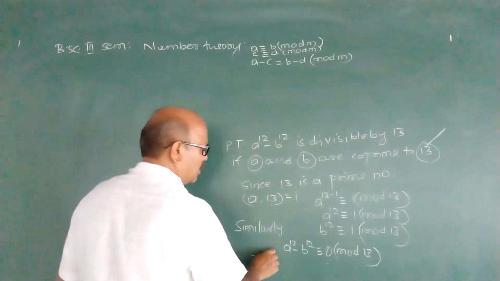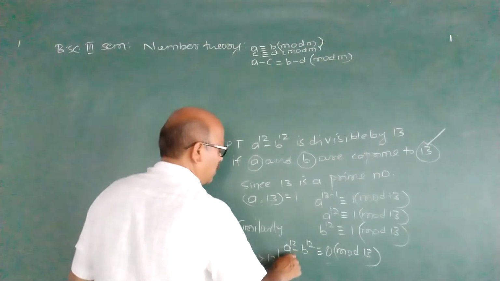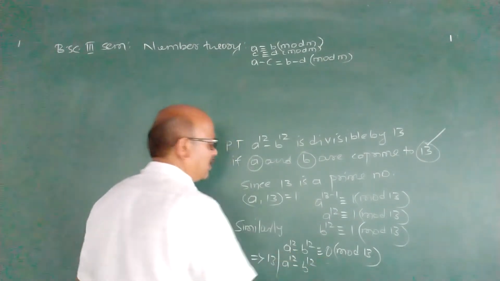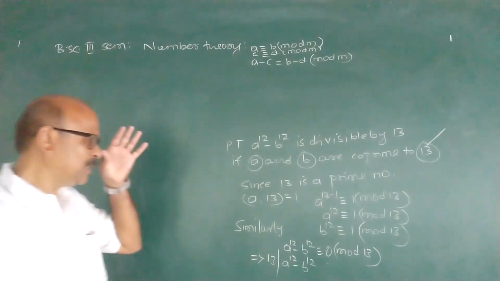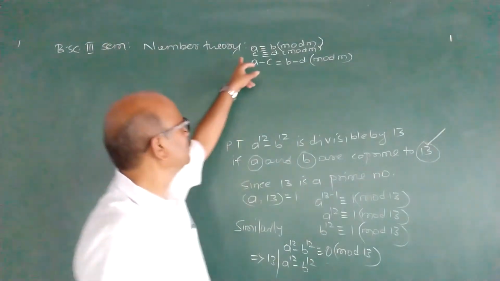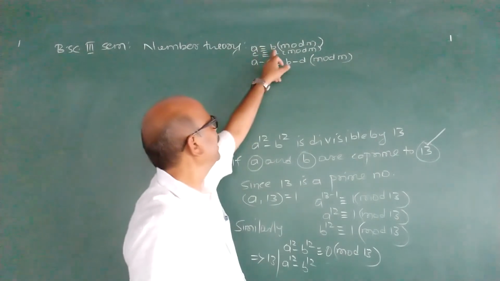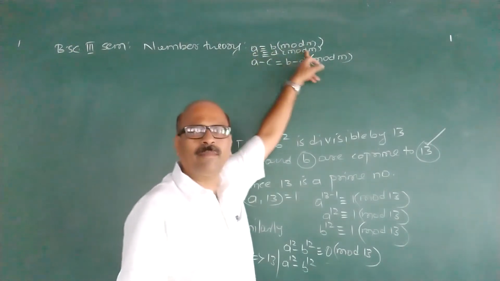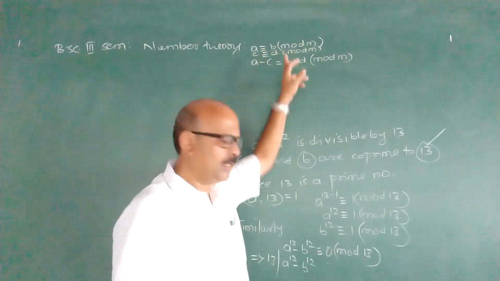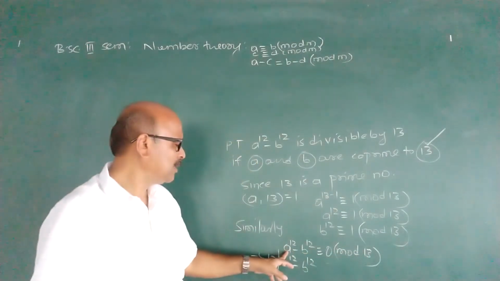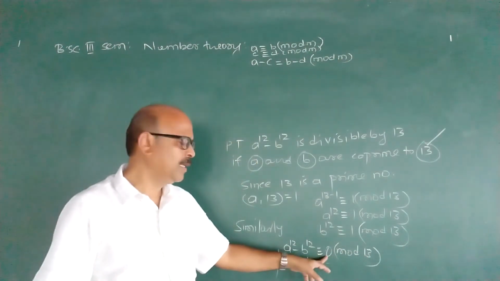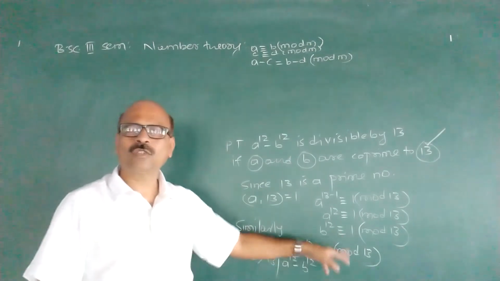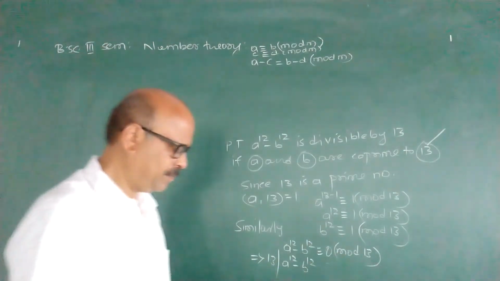This implies 13 divides A raised to 12 minus B raised to 12. What is the meaning of A is congruent to B mod M? M divides A minus B. So 13 divides A raised to 12 minus B raised to 12 minus 0, that is, A raised to 12 minus B raised to 12.